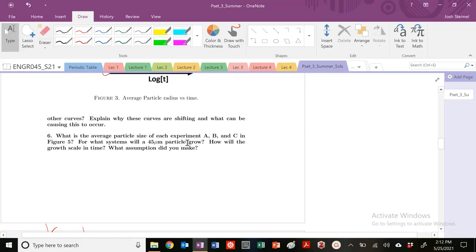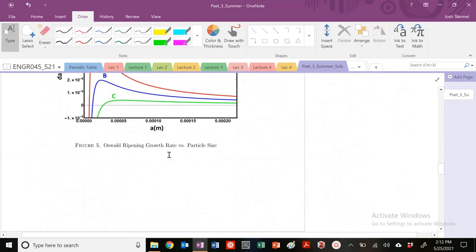Number 6: what is the average particle size of each system? For A, B, and C in figure 5, what systems will particles grow? How will the growing scale in time? What assumptions do we make?